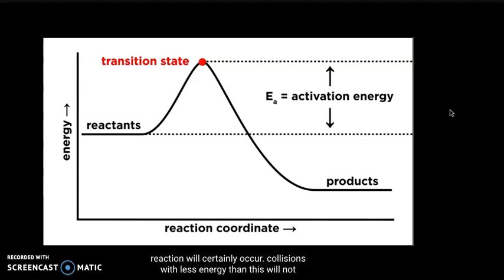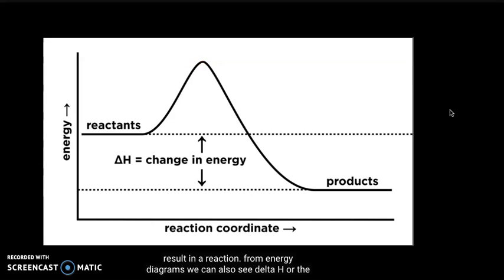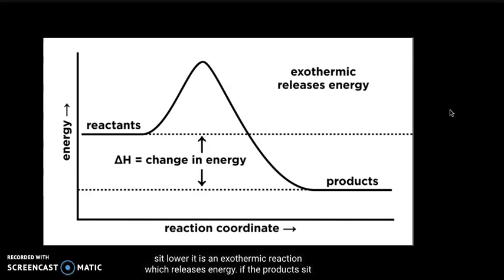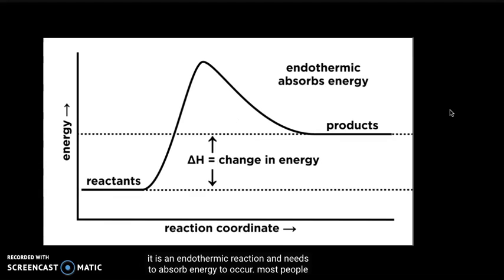Collisions with less energy than this will not result in a reaction. From energy diagrams, we can also see delta H, or the difference in energy between the reactants and products. If the products sit lower, it is an exothermic reaction which releases energy. If the products sit higher, it is an endothermic reaction and needs to absorb energy to occur.